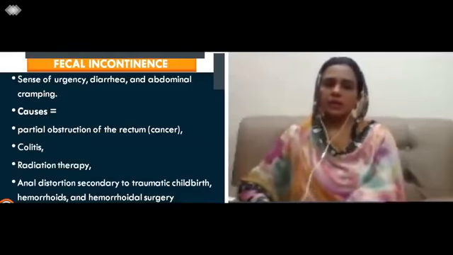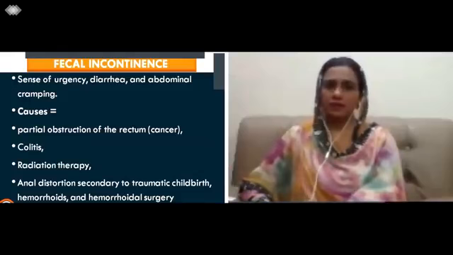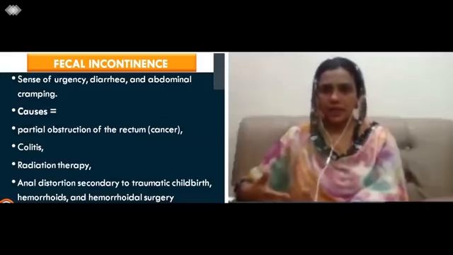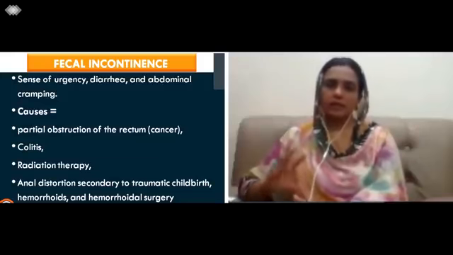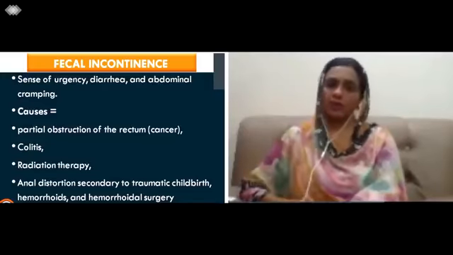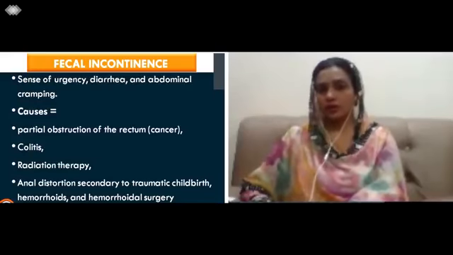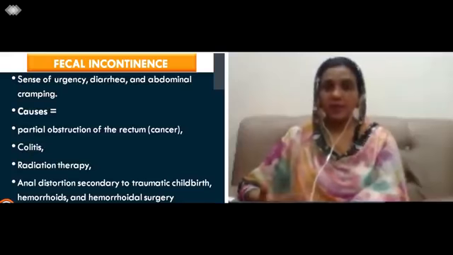Now there is another problem, that is fecal incontinence. Most of the time it is a sense of urgency, or it is associated with diarrhea and also with abdominal cramping. The reasons behind fecal incontinence can be partial obstruction of the rectum, and sometimes cancer.